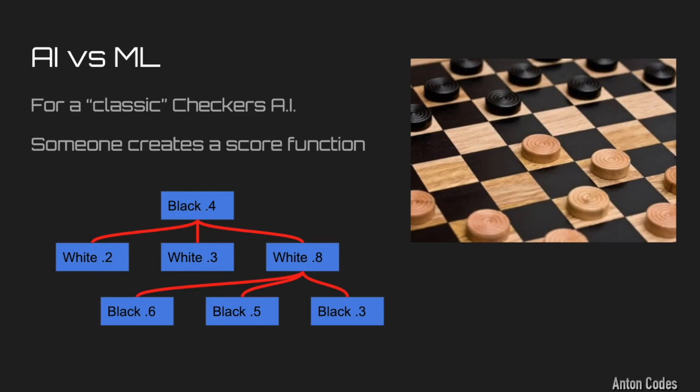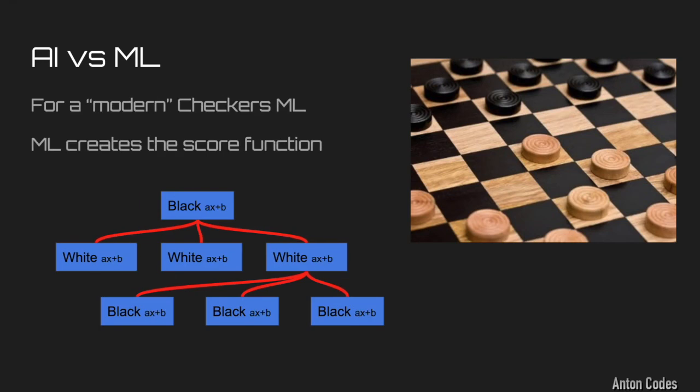The details of Minimax are beyond this video, but going through that algorithm, the AI can actually perform fairly well. Someone creates the scoring function, and the AI is just going through repeatedly scoring all of the boards and all of the moves.